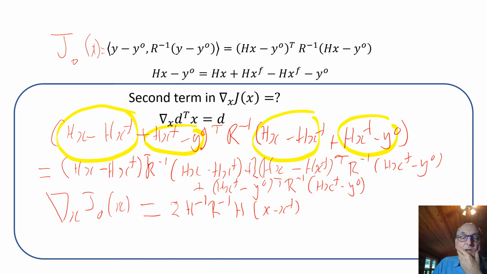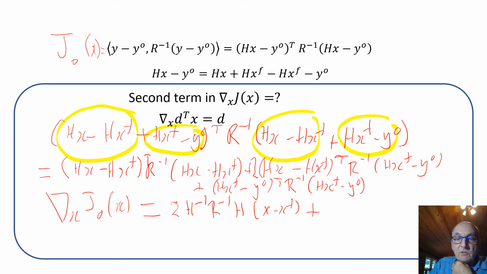That's not applying exactly the same thing as I had before, with what we had in the previous slide. Now I'm going to use this formula up here because the second term here is really just d transpose applied to x, where you factor out the h and the x is the x minus xf.